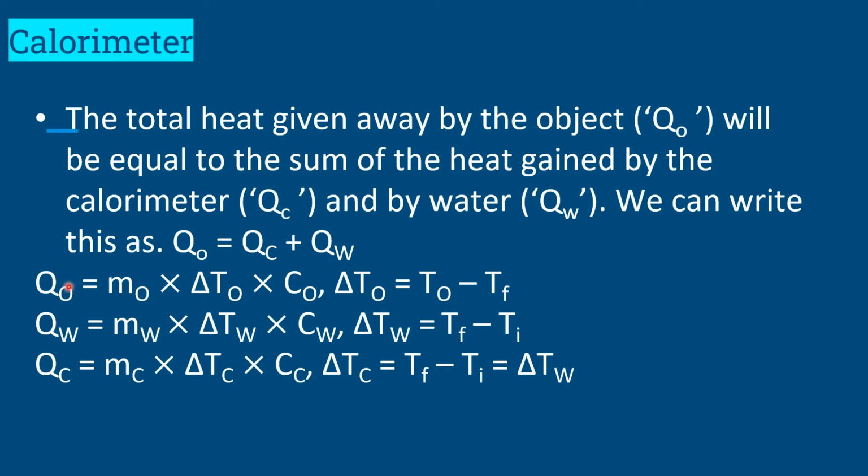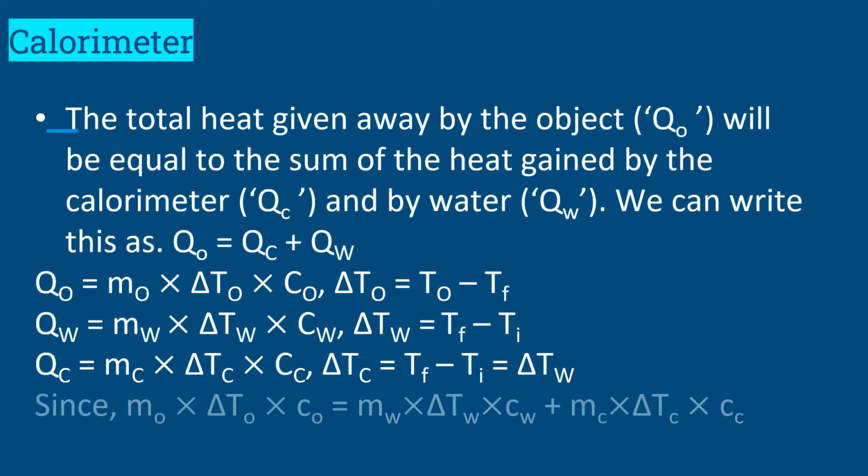So Qo equals Qc plus Qw, and we add them up and we get the answer. So we have learnt about specific heat and the derivation, and this is used to calculate specific heat of many substances, and its application we will study in higher standards.